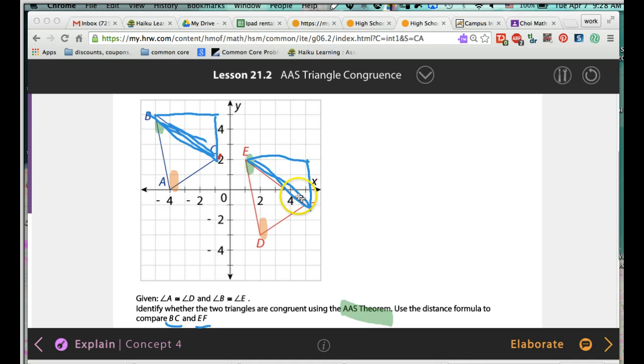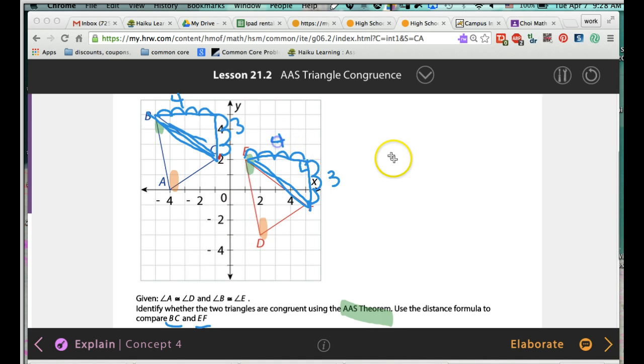So now we have two triangles, and what did I say? We have to count how many across: 1, 2, 3, 4 here. And then count how many down: 1, 2, 3. And on the other one, 1, 2, 3, 4 across, and 1, 2, 3 down. So we're using the Pythagorean theorem to find out how long this side is in a right triangle.